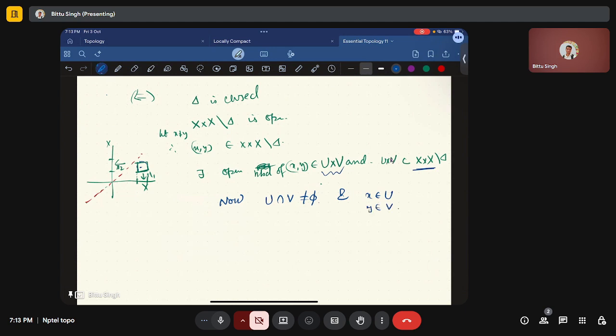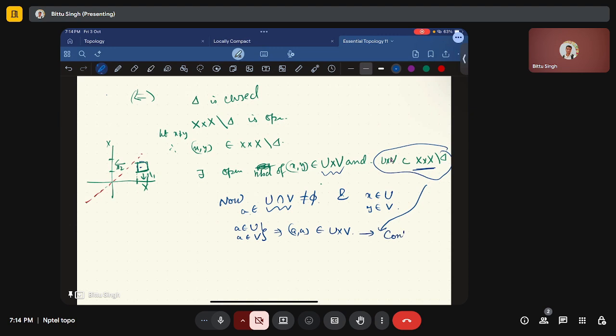Here we need to see why U intersection V is empty. If some a belongs to U and V, then the same kind of issue will arise: a belongs to U and a also belongs to V. This will imply that the pair (a, a) belongs to U cross V. But this will be a contradiction because of this fact.